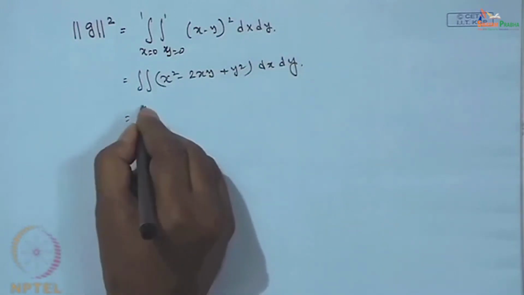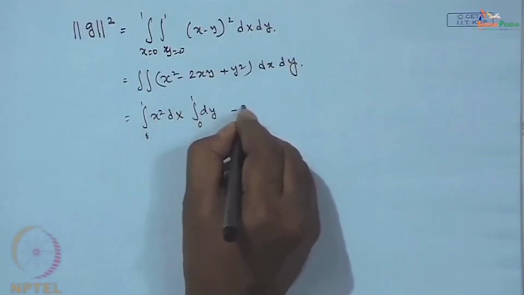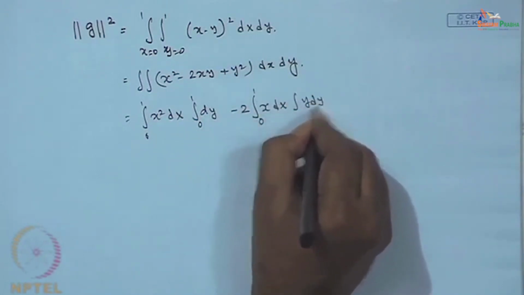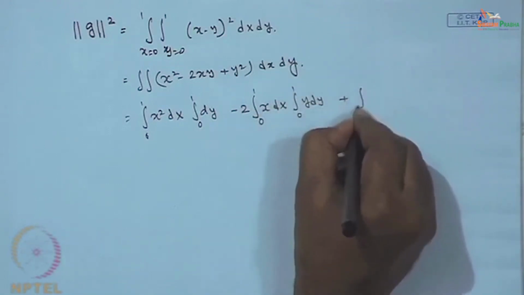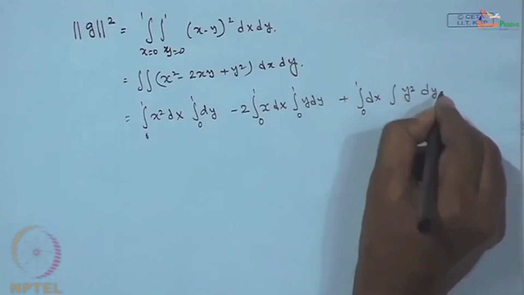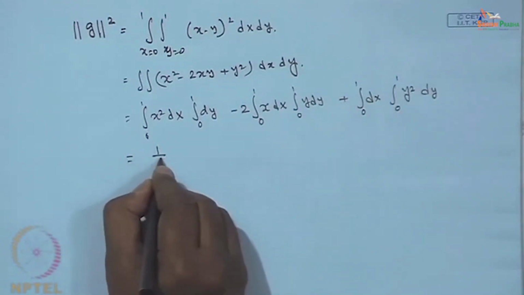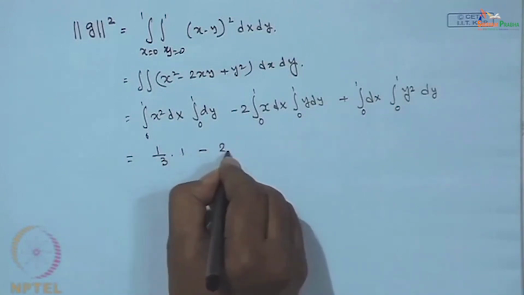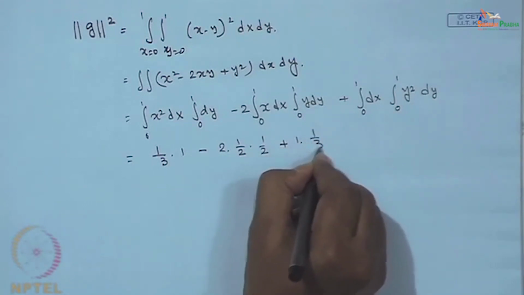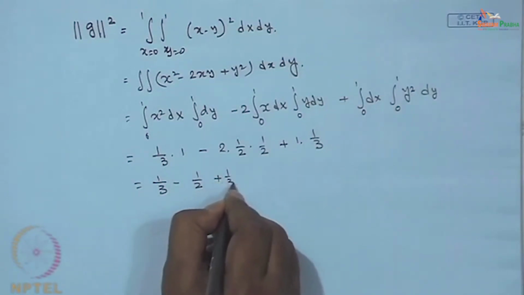So, it will be integral from 0 to 1 of x square dx, integral from 0 to 1 dy, minus 2 integral from 0 to 1 of x dx, integral from 0 to 1 of y dy, plus integral from 0 to 1 dx, integral from 0 to 1 of y square dy. If you carry out this integration, this turns out to be 1 upon 3, minus 2 into 1 upon 2 into 1 upon 2, plus 1 upon 3. This will be 1 upon 3 minus 1 upon 2 plus 1 upon 3.